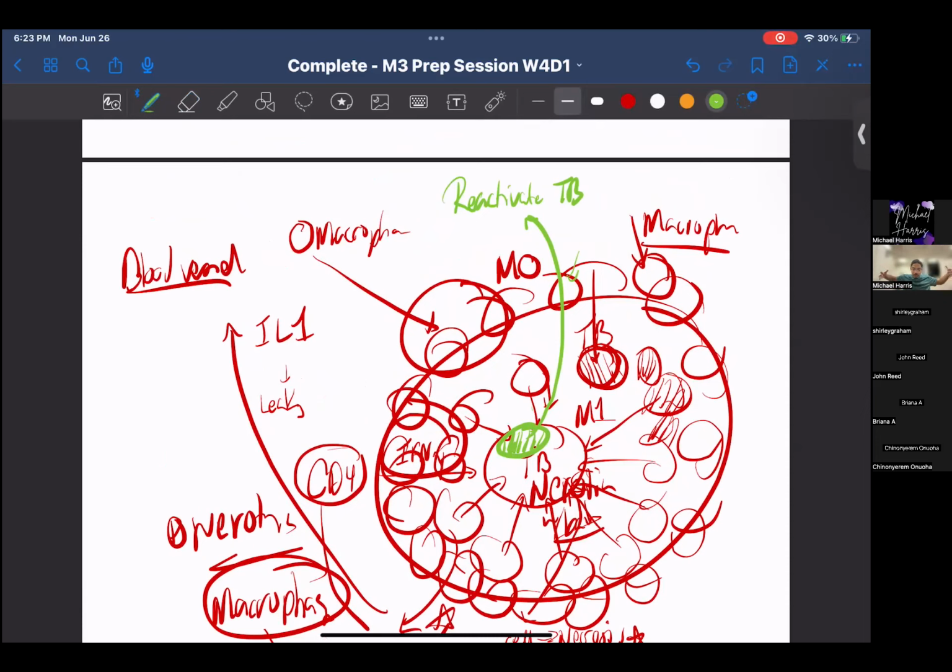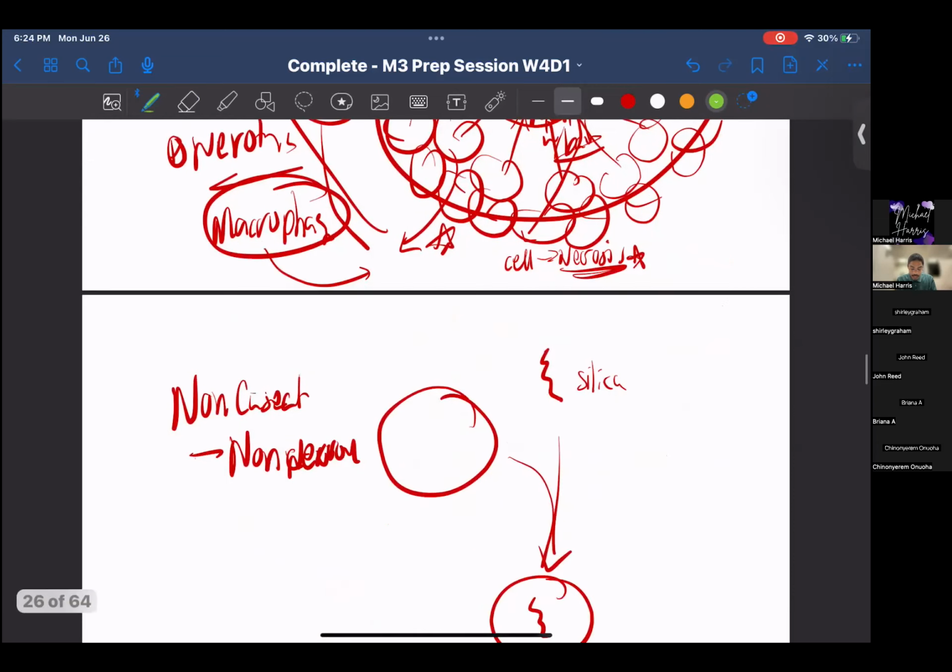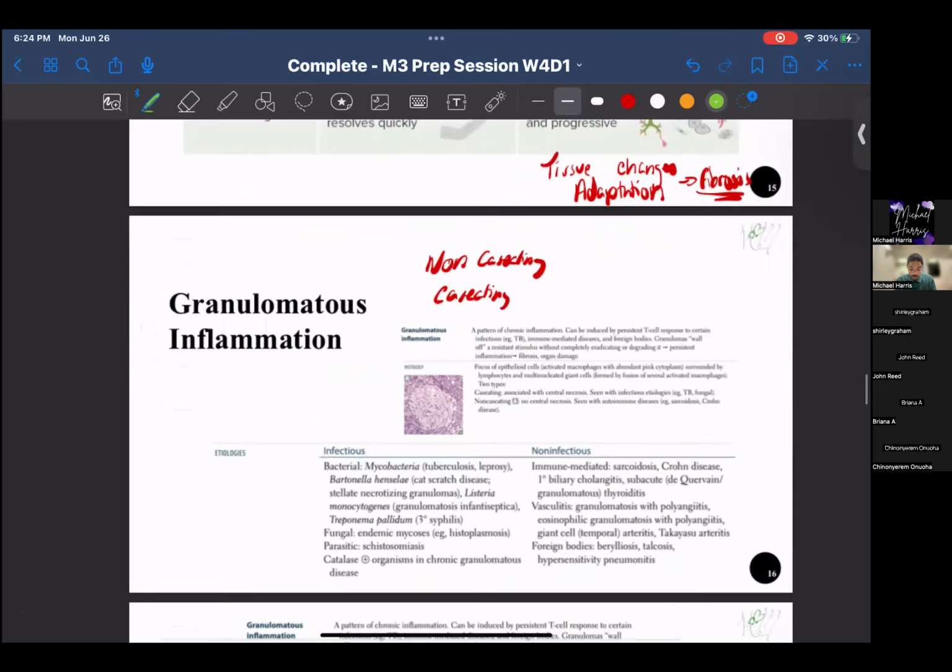This wall that you built around yourself, you're weakening it. So then now the parasite can break out of the wall and infest other parts of the lung. Okay. And then that is what is known as reactivated TB. All right. That's very important to make sure you know.